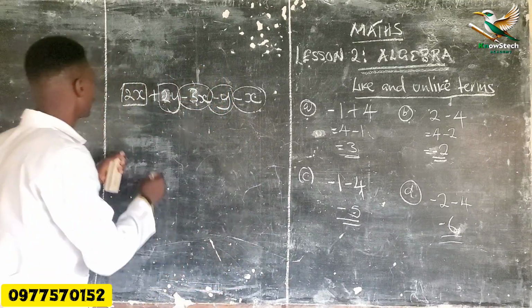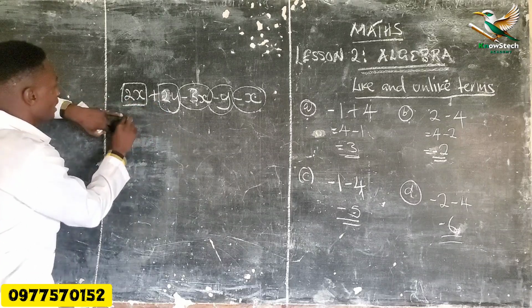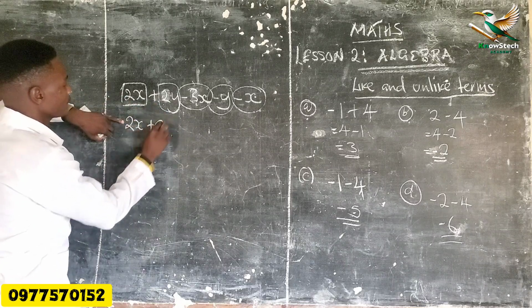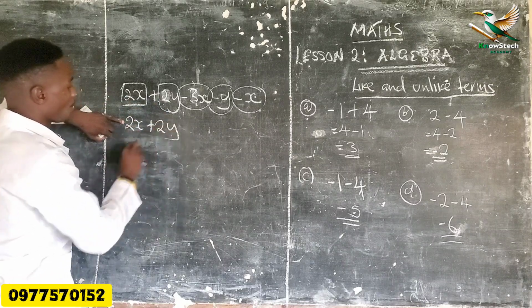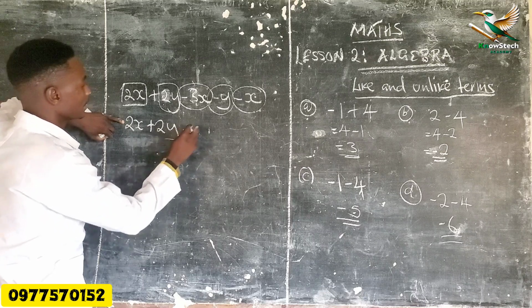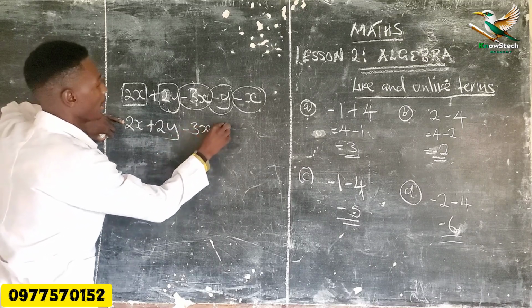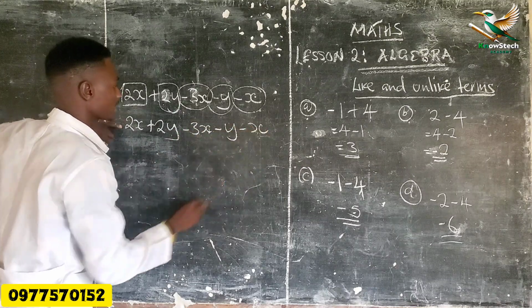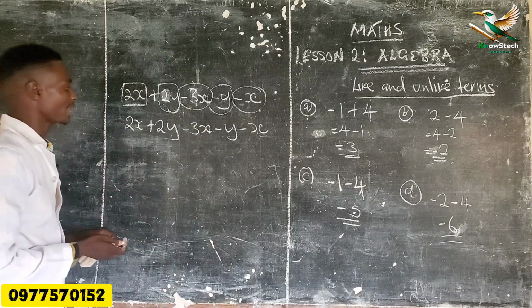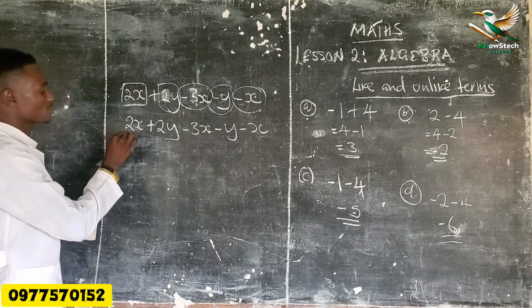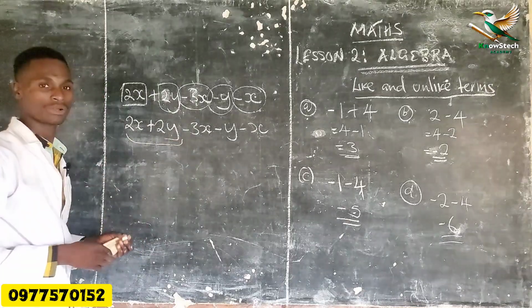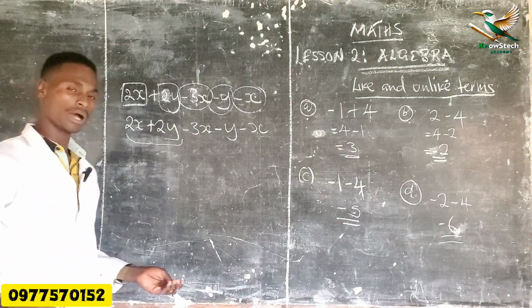Now, when you look at this, we have 2x plus 2y minus 3x minus y minus x. When it comes to like terms, the first two are not like terms. Why?